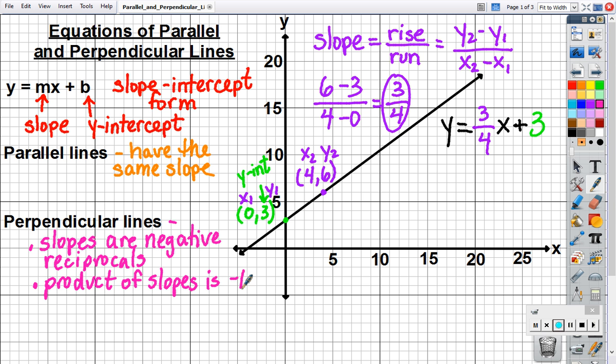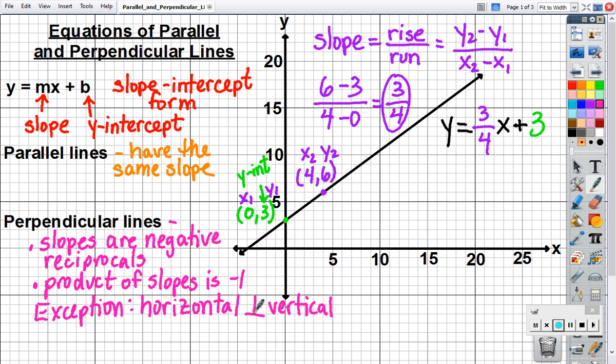There's one exception to this, and it has to do with horizontal and vertical lines. They're just defined to be perpendicular to each other, because the slope of a vertical line does not exist. So that's our one exception to the slopes being negative reciprocals: horizontal is perpendicular to vertical.